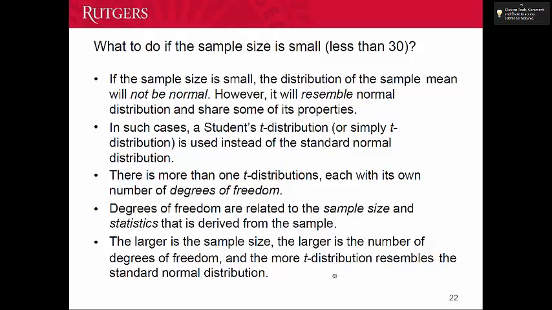If the sample size is small, the distribution of the sample mean will not be normal. However, it will resemble the normal distribution and share some of its properties. In such cases, a student's t-distribution, or simply the t-distribution, is used instead of the standard normal distribution.